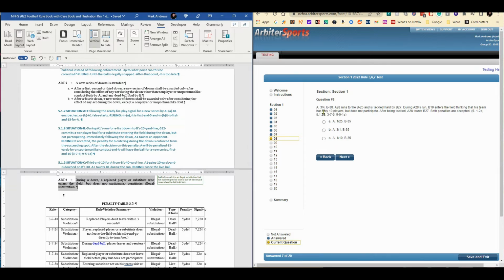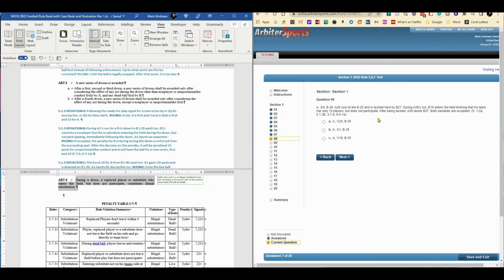So basically what this is saying is we've got a live ball foul on B19 entering, right? So we are going to tack 5 yards onto the end of A's run. He's going to go to the B20, and the ball would be moved to the B20.